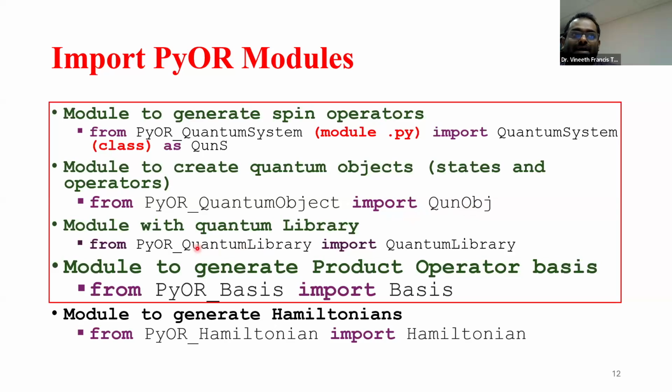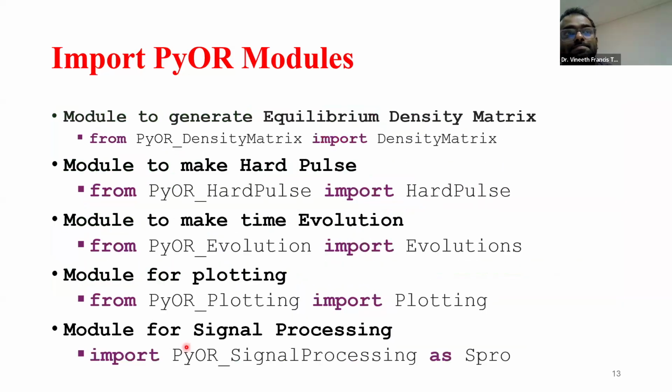Similarly, we have the quantum library module. We'll see what it can do. It is a very powerful module. And we have a basis module, which can generate product operator basis. Then there are modules to generate Hamiltonians, like the J-coupling Hamiltonian and dipolar Hamiltonian, and you can look into this file to see what all Hamiltonians are defined inside PyOR.